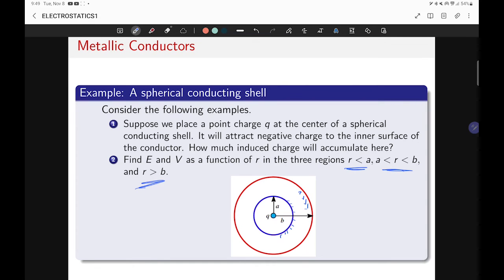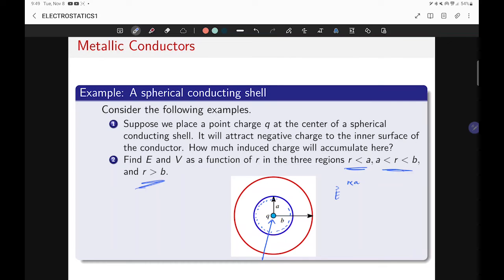So we have a positive charge here, and this surface becomes negative. It will attract, this is positive and this is charge Q positive, so it will attract negative charge on this surface, right? So what is the electric field for R less than A, meaning inside?